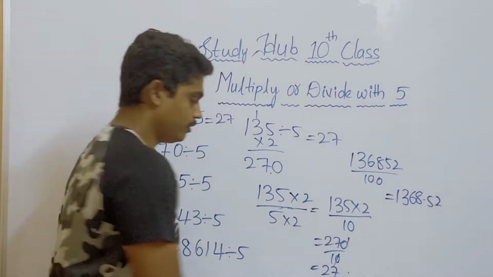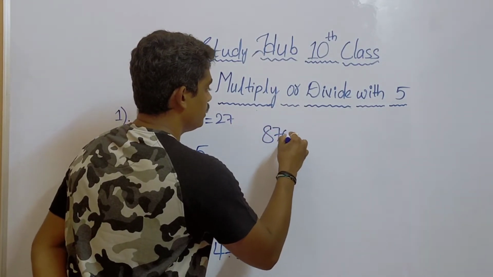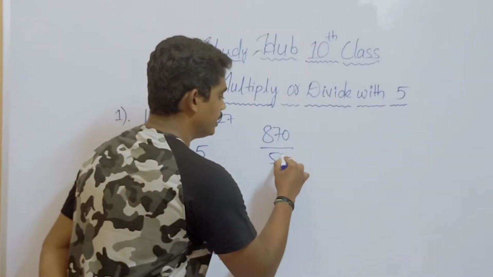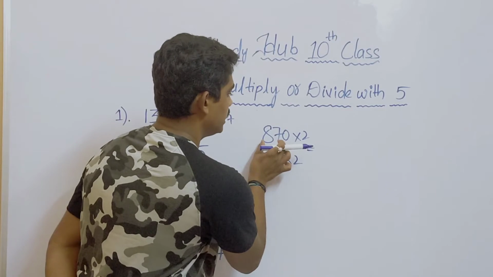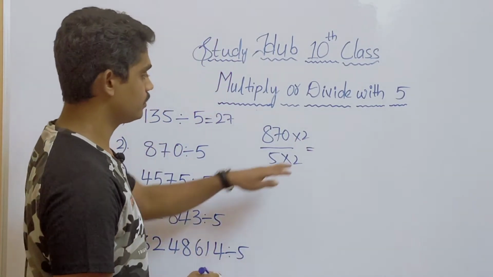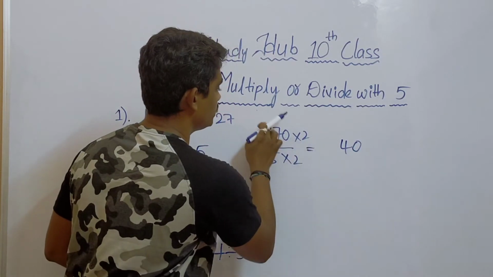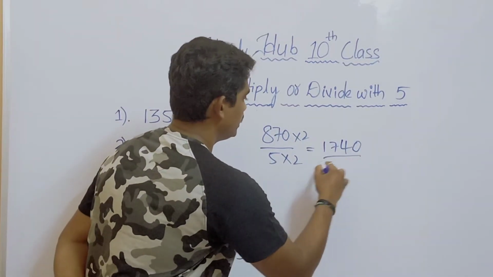Okay. Now let us see the second example. 870 divided by 5. So multiply the numerator and denominator with 2, which is 870 into 2. 2 sevens are 14, we have 0 already. 1 carry, 2 8s are 16 plus 1, 17, 40, 5 2s are 10.